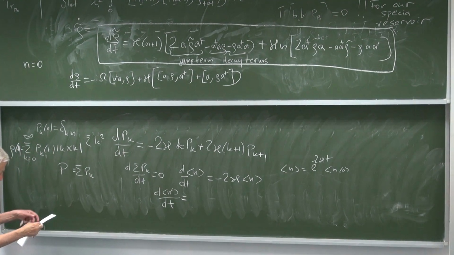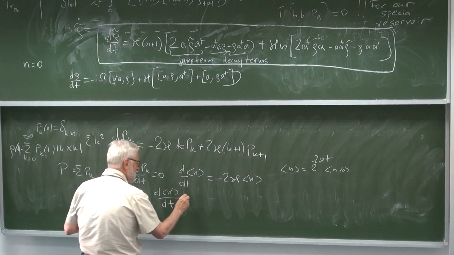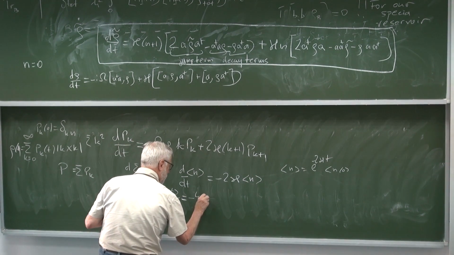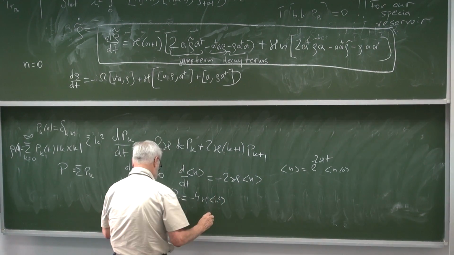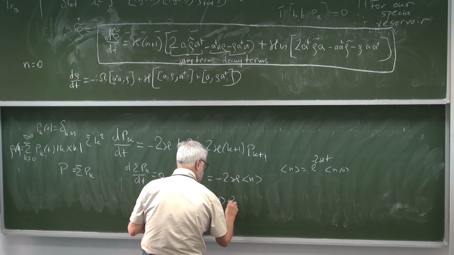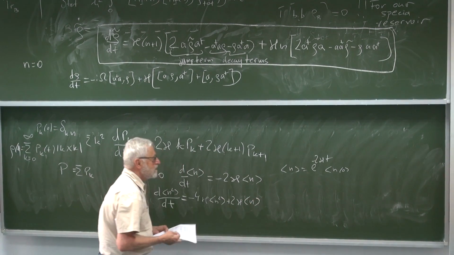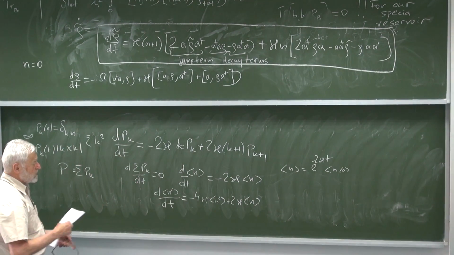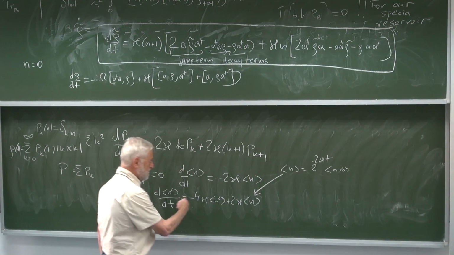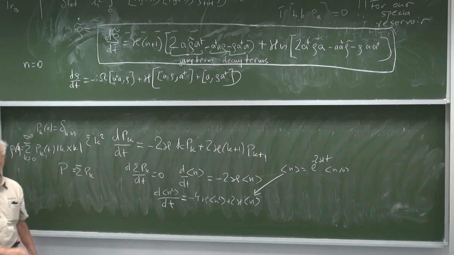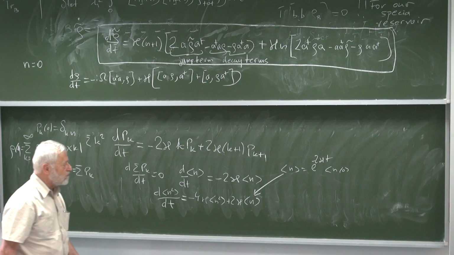A little bit of fiddling with these equations, and what you should get is minus 4 kappa times the mean value of n squared plus 2 kappa times the mean value of n. So how do we solve it? It's very easy. We plug in this here and then treat this as an inhomogeneous equation for the mean value of n squared and then integrate, and that's easy.